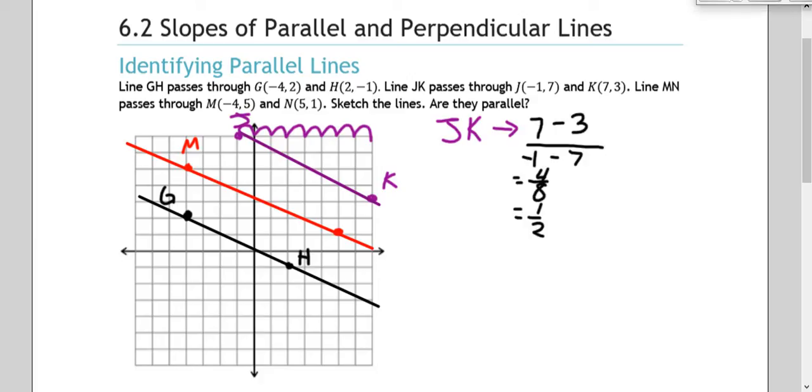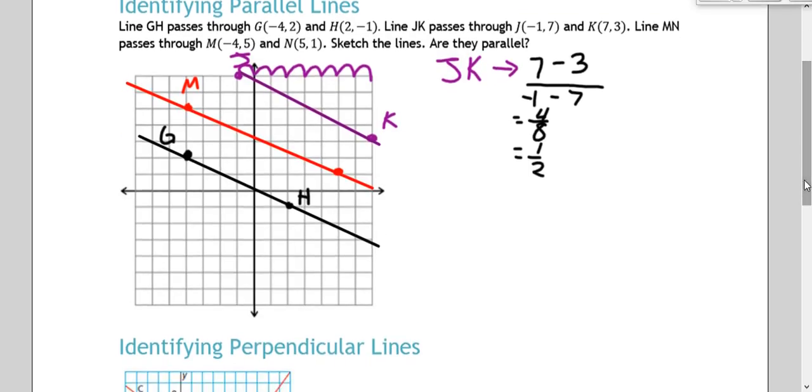Okay, so instead of counting it, I just did it algebraically because I'm more confident in my algebra than I am in my graphing skills. So we know we have that tool to fall back on. Let's do MN. So that was 5 and -4 minus 1 and 5.